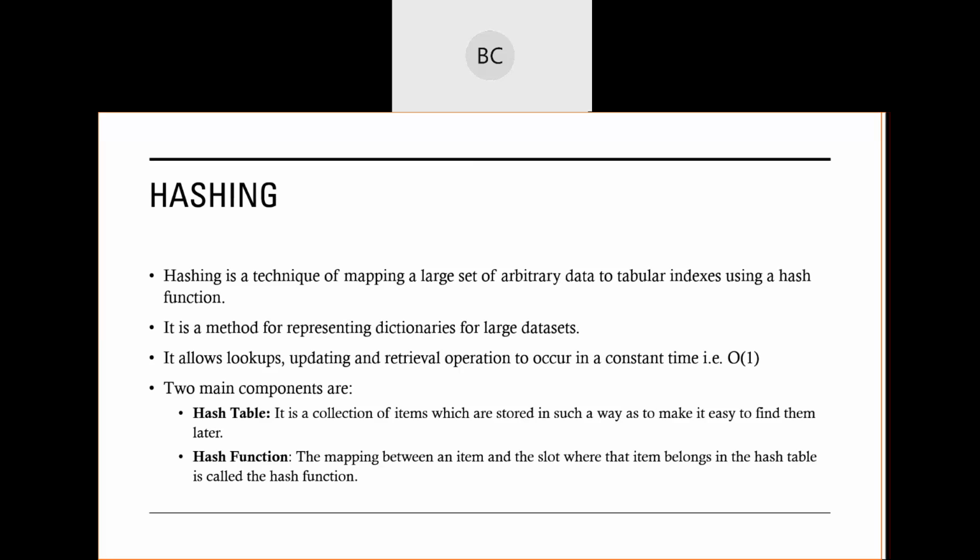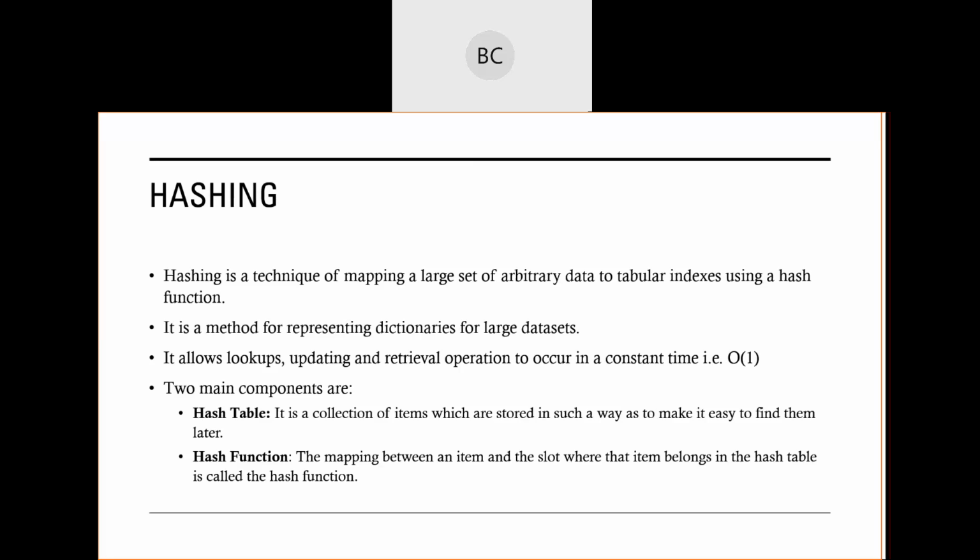Now the thing is, why do we need the hash table? Remember in the last class I told you, suppose we need to store a large amount of information about employees with the help of phone numbers. If you have a very large data set and you want to search for a particular item, whenever we store the data there will be three primary functions: search, insert, and delete.